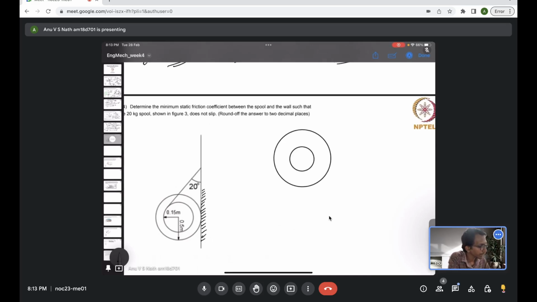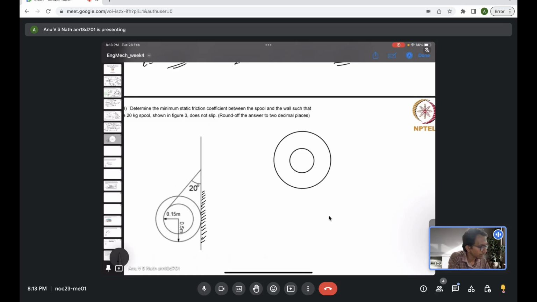So its weight is acting vertically down, mg, and tension is acting along this string.